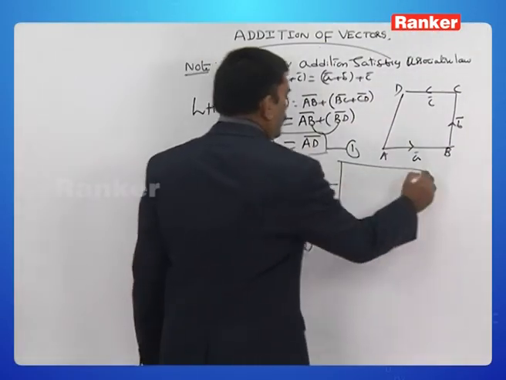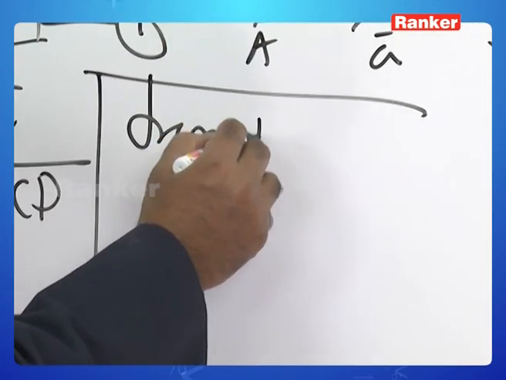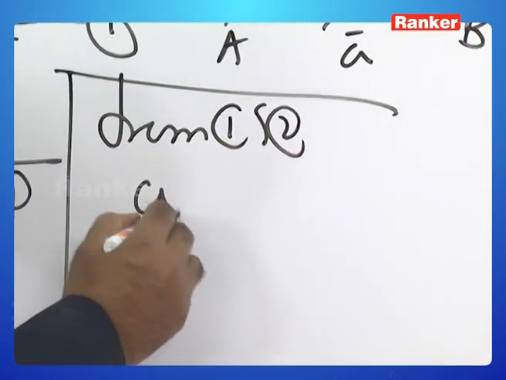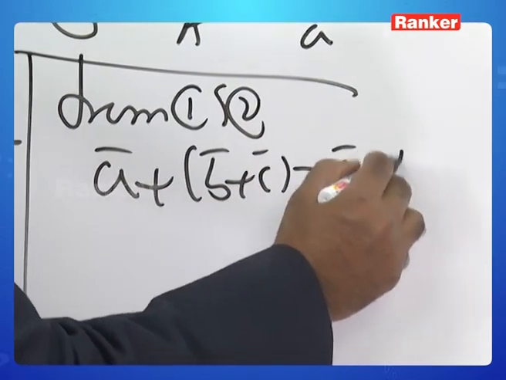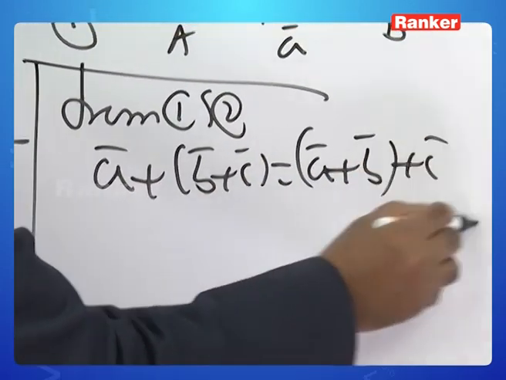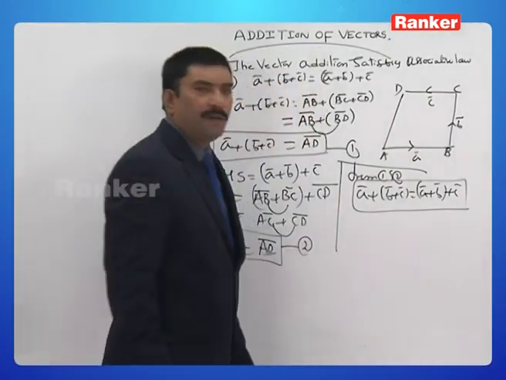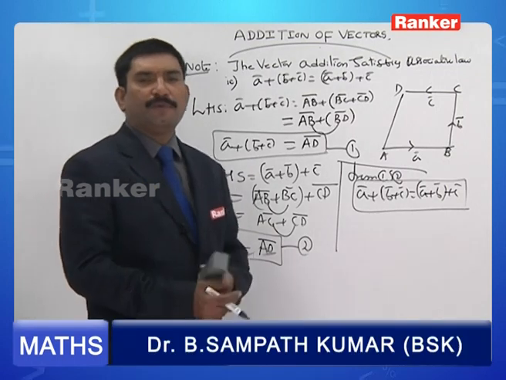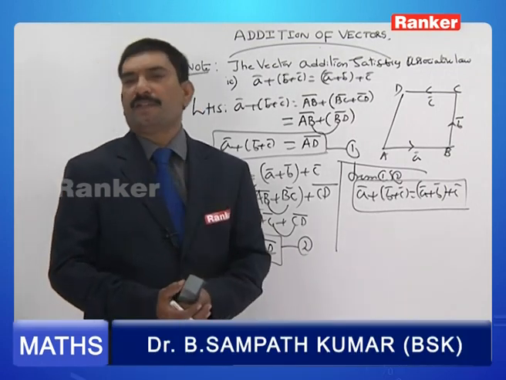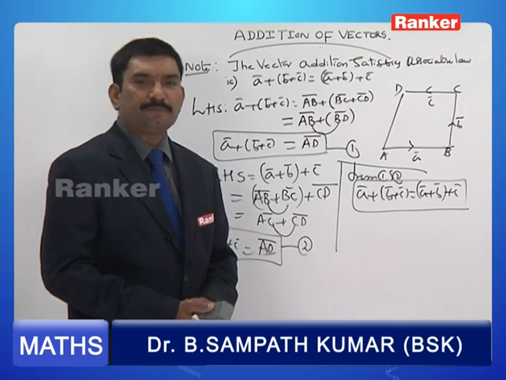From 1 and 2, we can write A bar plus B bar plus C bar as A bar plus B bar plus C bar. Therefore, LHS is equal to RHS. So now we have proved that vector addition satisfies the associative law.